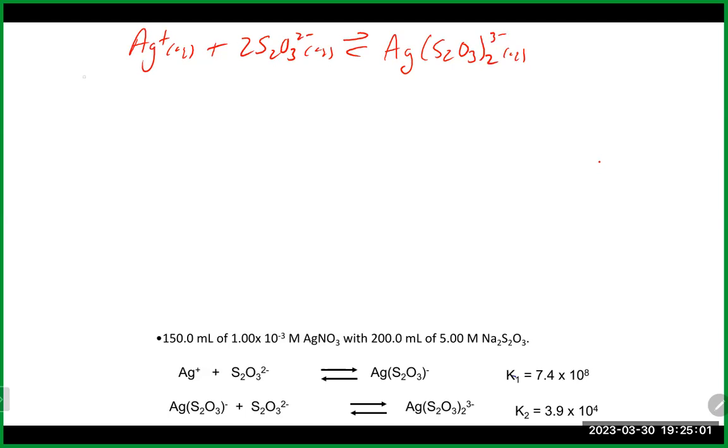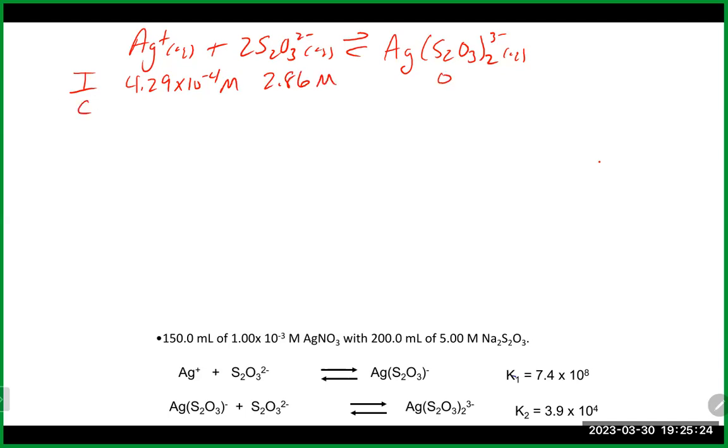And at this point, we're going to use the initial concentration of the silver that we calculated on the previous slide, which was 4.29 times 10 to the minus 4. We're going to do our S2O3, which was 2.86, and 0.